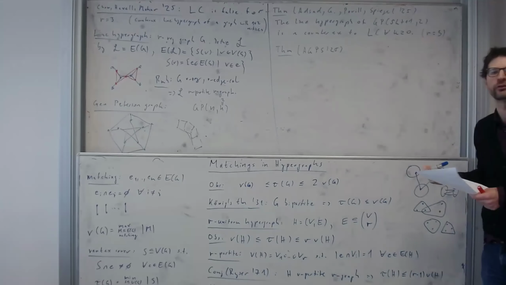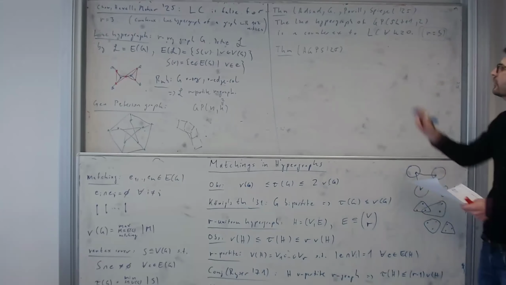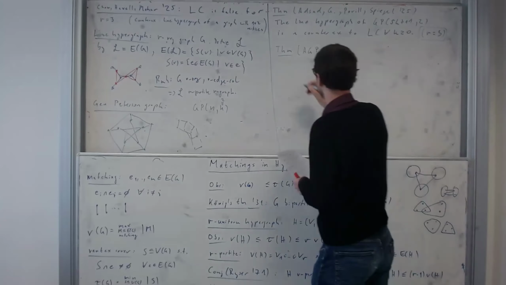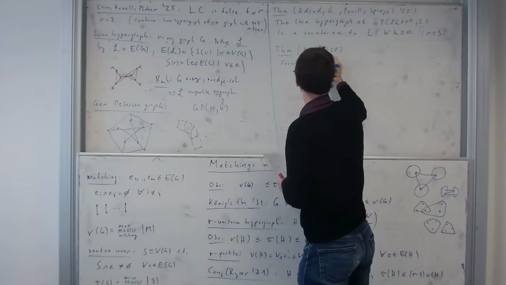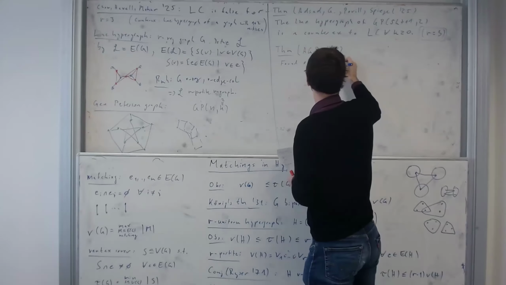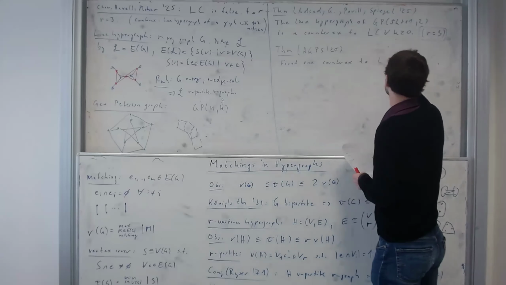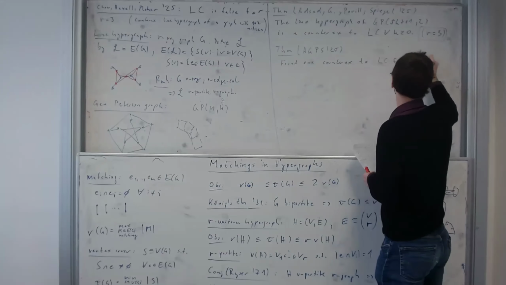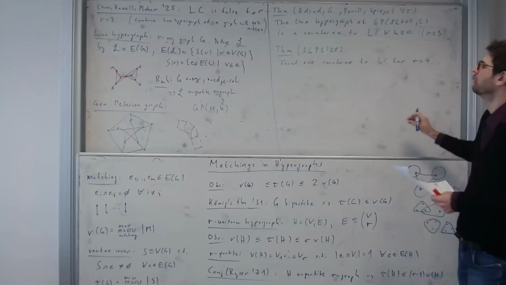So thanks for pointing this out. Exactly. And the other theorem is that we have found one counterexample to the Lovász conjecture for r equals 4. Okay.